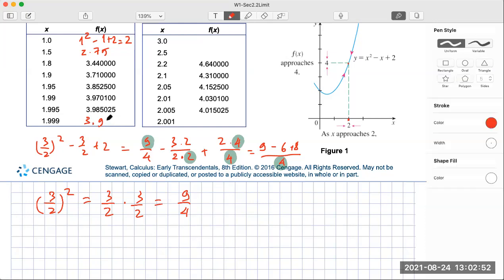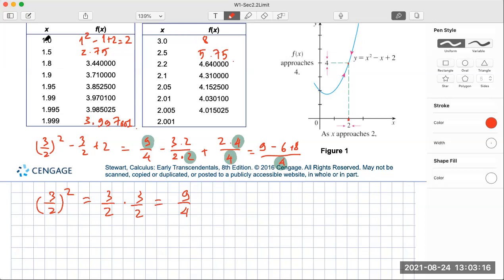Very good. Who was it? Very fast. Thank you. 3.997001. Okay. And similarly, at 3 we have 8. At 2.5, it would be 5.75, right?